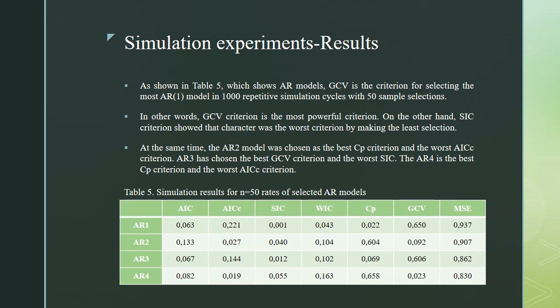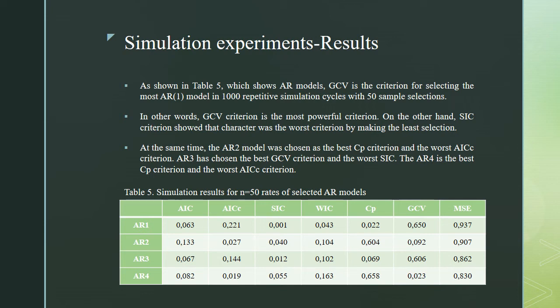On the other hand, the Schwarz information criterion was the worst criterion, making the fewest correct selections. At the same time, the AR2 model was chosen best by the Mallows CP criterion and worst by the AIC information criterion.